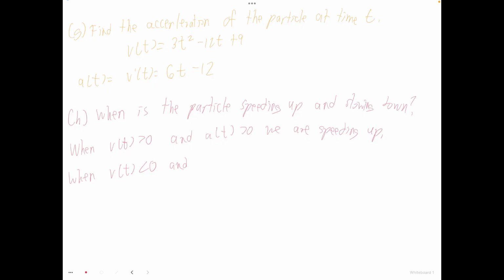Well, speeding up is if acceleration is also negative, meaning that we're going backwards and we're getting more negative. And so, in a sense, we're getting faster going backwards. And so, if the acceleration is negative, we are also speeding up.